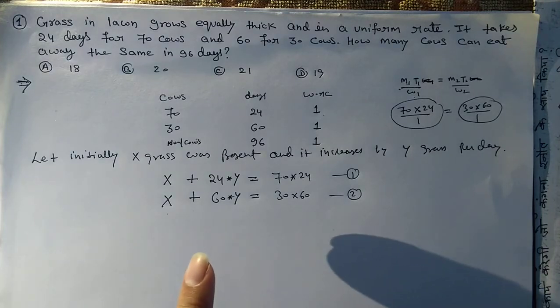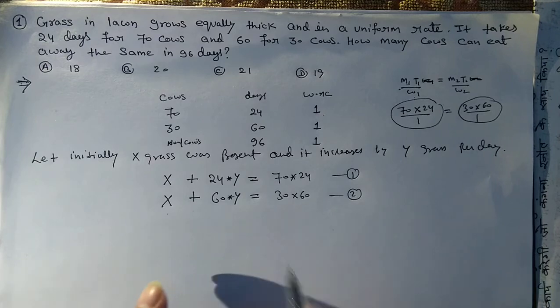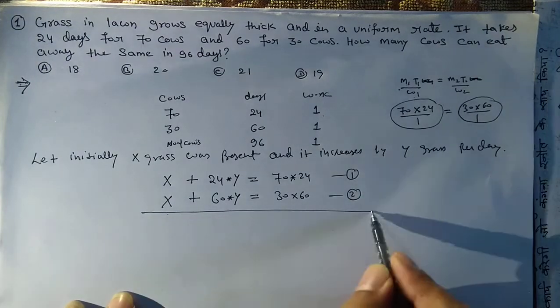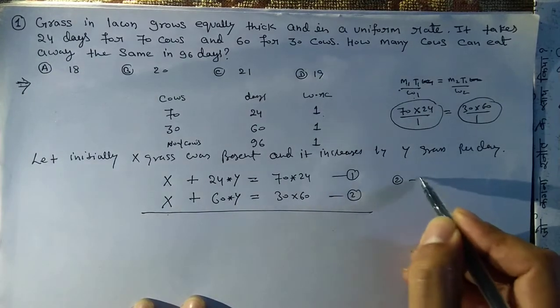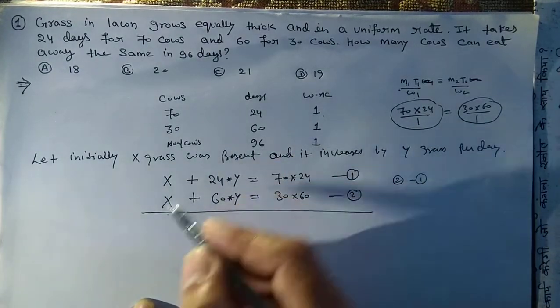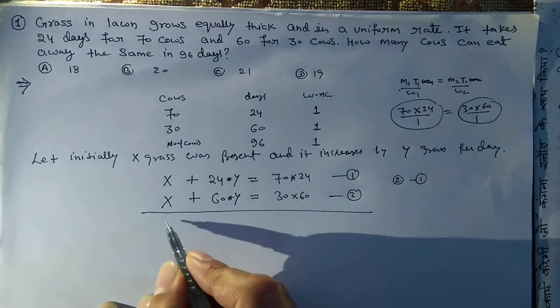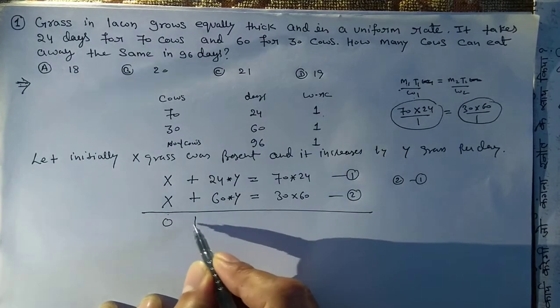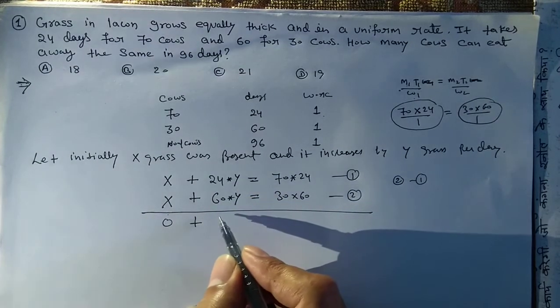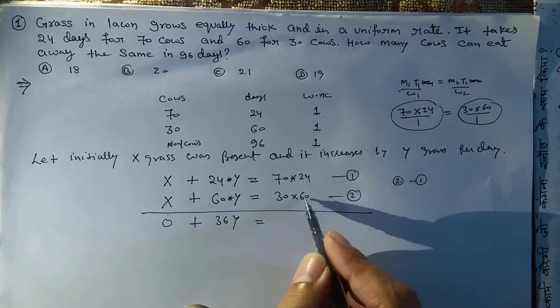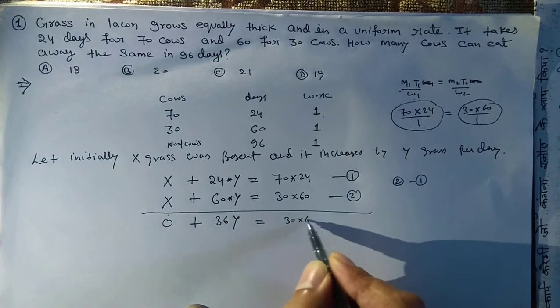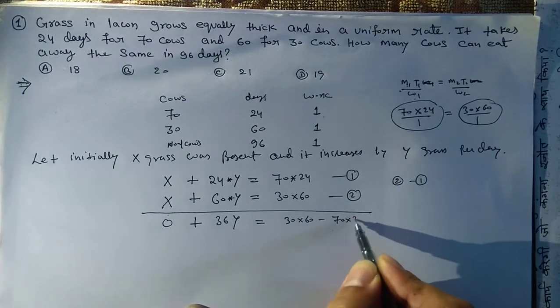You can directly solve it. Take equation 2 minus equation 1. X minus X is 0, and this is plus 60Y minus 24Y, that is 36Y, equal to 30 into 60 minus 70 into 24.